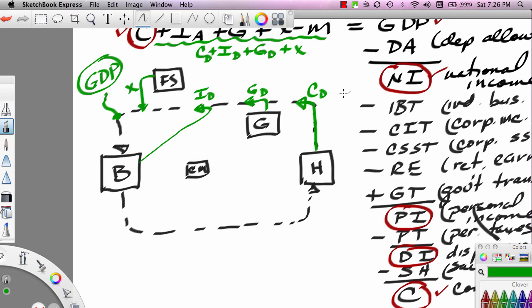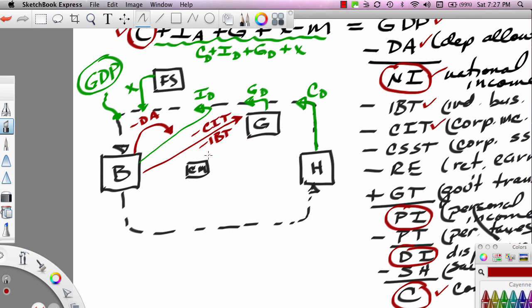Okay? Now, if you subtract out depreciation allowances, and indirect business taxes, so I'm going right down the list now. Depreciation allowances, indirect business taxes. If you subtract out corporate income taxes, it's a business tax.